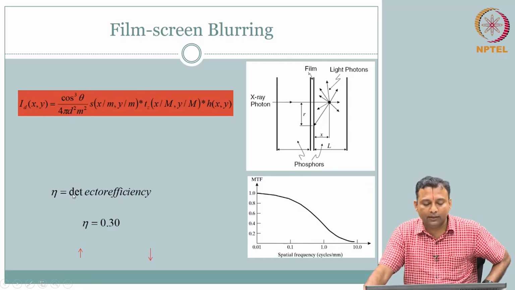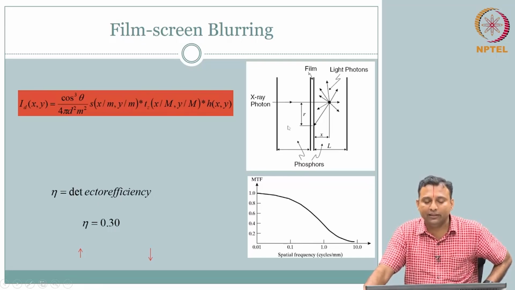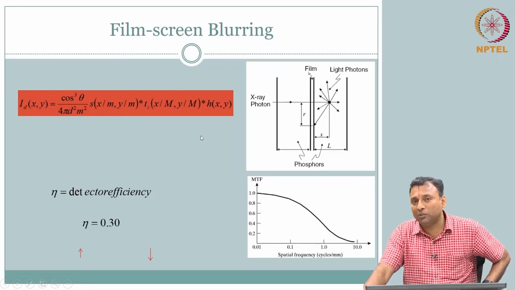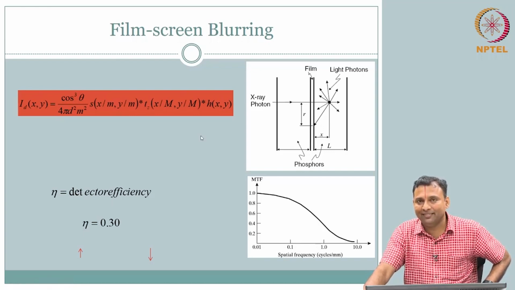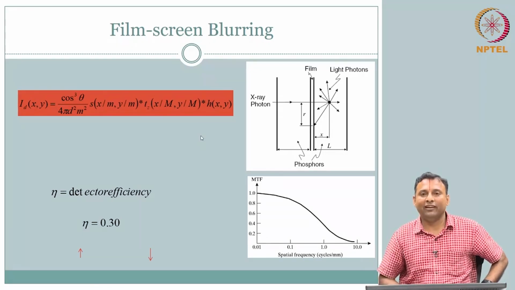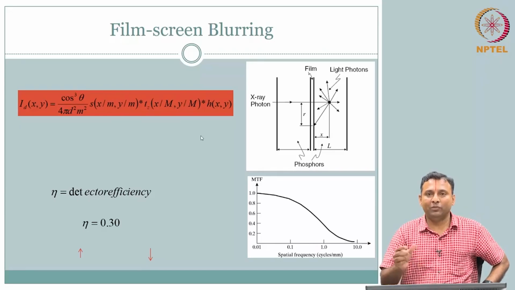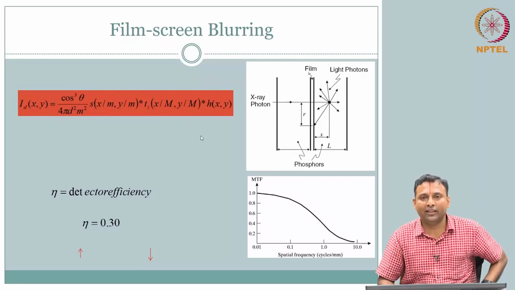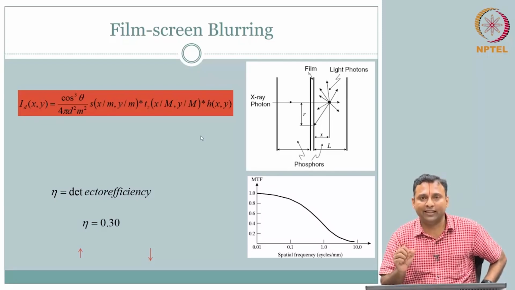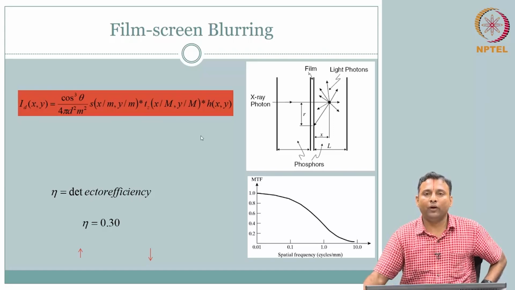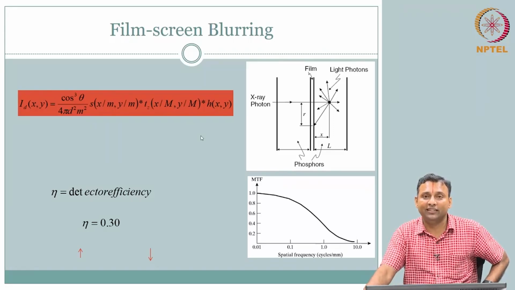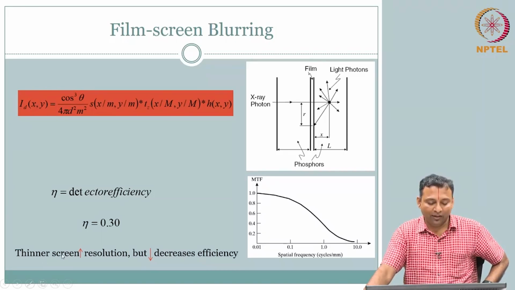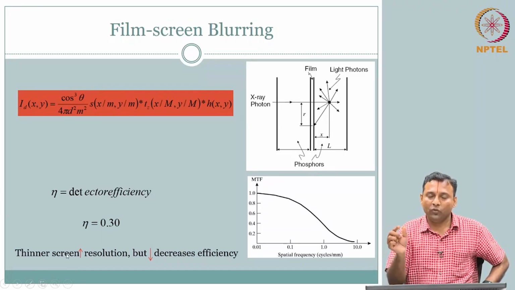Here the detector efficiency is about 30%. If it was directly X-ray, without any film screen, it was about 2%. When we talked about the instrumentation of film screen, the idea of intensifying screens, eta is equal to 0.3, so only 30% efficiency, even this. So what is my trade-off? If I have a thin screen, what is going to be good?